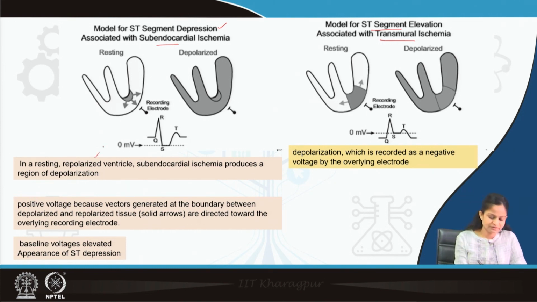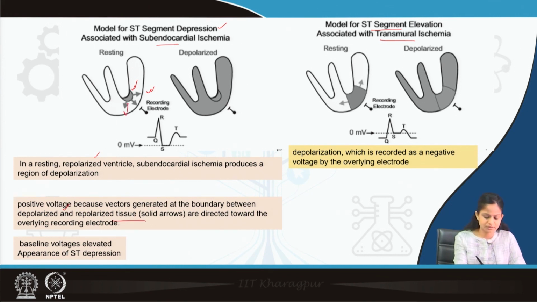So, in a resting repolarized ventricular cell, the ischemic cells again will have a reduced membrane potential, or a membrane potential towards depolarization, and that is actually occurring in case of subendocardial ischemia. Whenever this reduced membrane potential occurs, it causes a depolarization vector. So, there will be a depolarization wave between the depolarized and the repolarized tissues.